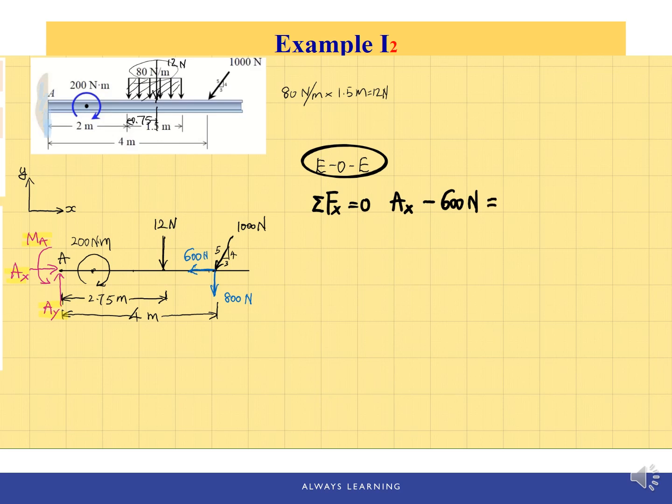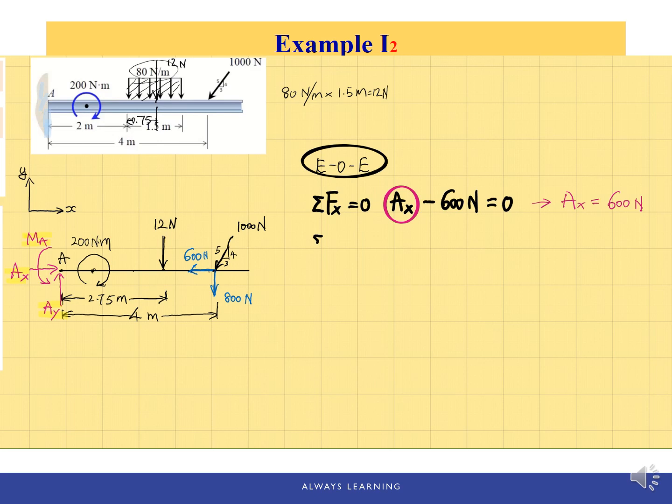And those are the only 2 forces in the x direction. And this equals 0. From this equation, we already can solve Ax. So Ax is 600 Newton and pointing to the right.